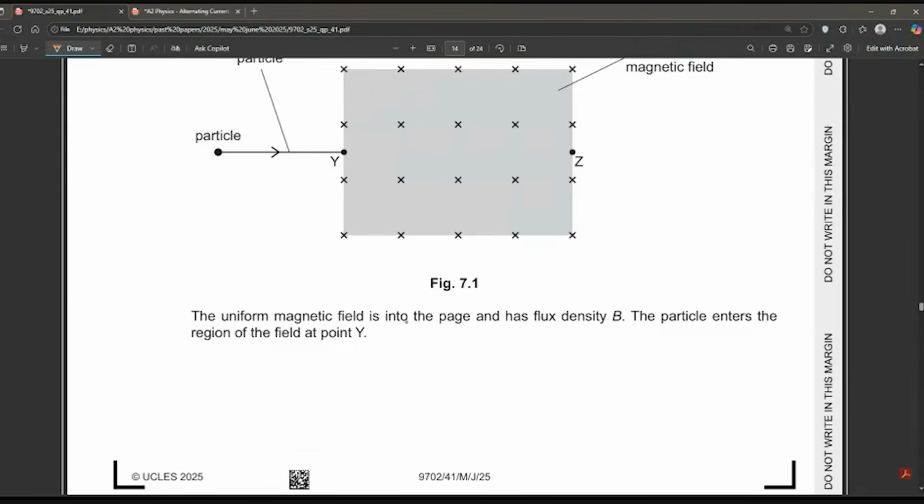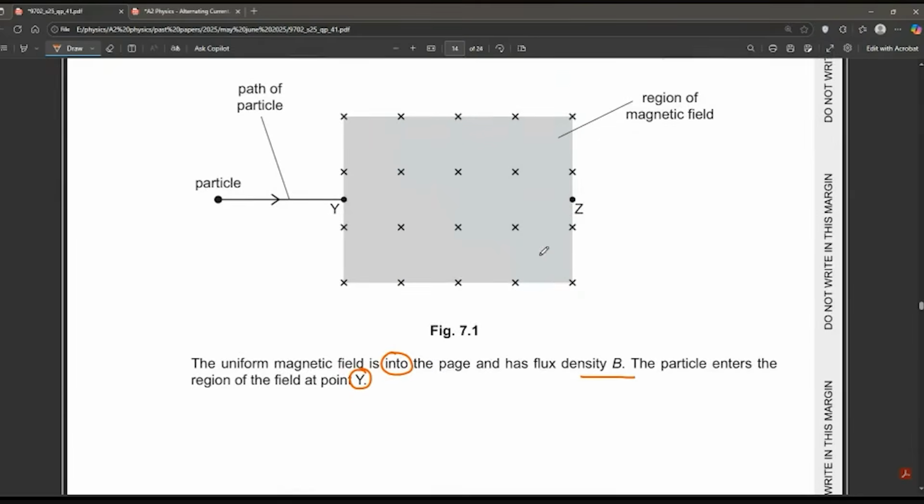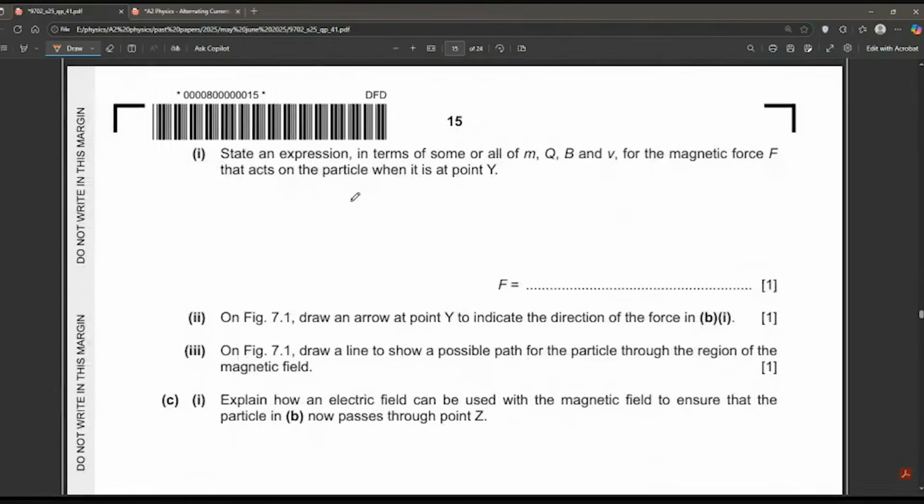The uniform magnetic field is into the page, and has flux density B. The particle enters the region of field at point Y. State an expression in terms of some or all of B, Q, M, V for the magnetic force F that acts on the particle when it is at point Y.